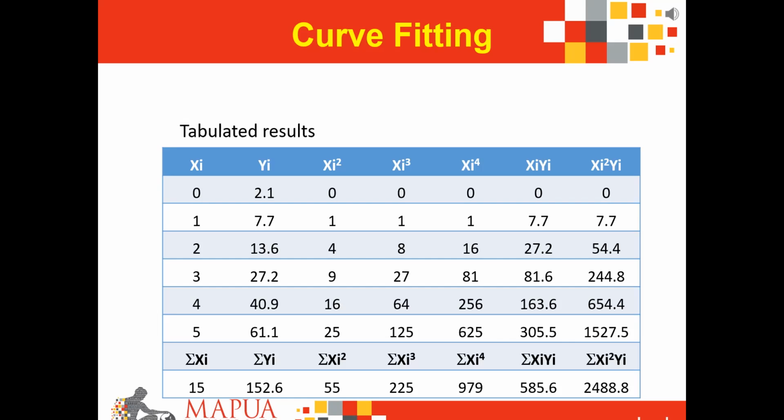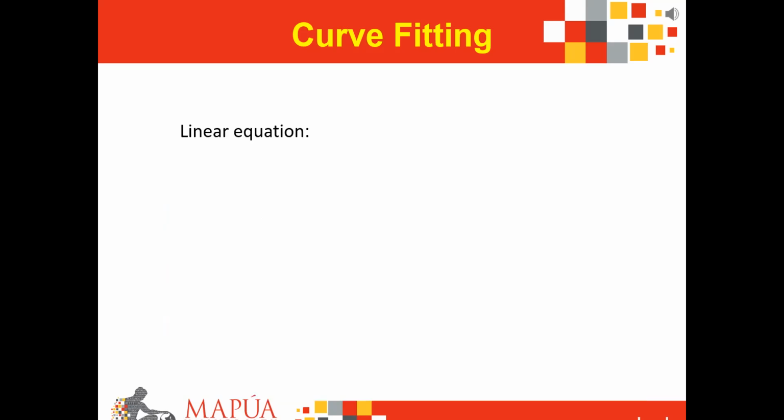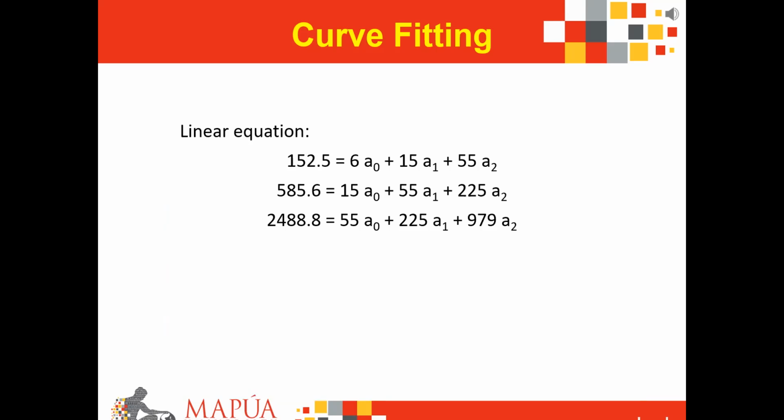And then we multiply x with y, and the value of the summation is 585.6, and then multiply the values of x squared with y, giving us a summation of 2488.8. Therefore, your linear equations will take in these summations as their coefficients, giving you an equation looking like this.